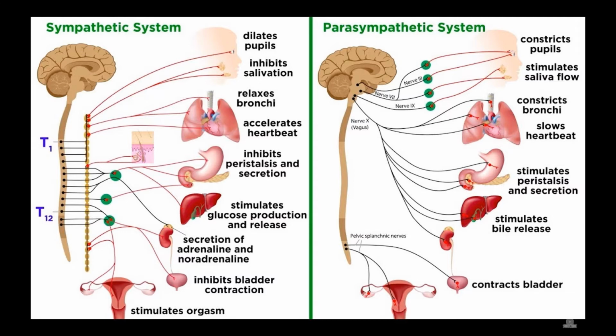Okay, let's go to the other side, the parasympathetic system. So this system, for the most part, is from the cranial nerves in the brain and from the pelvic region. That's where they leave the brain to have their effect on different organs.